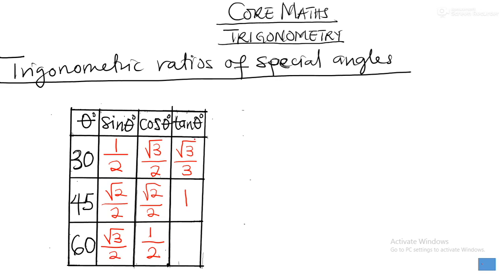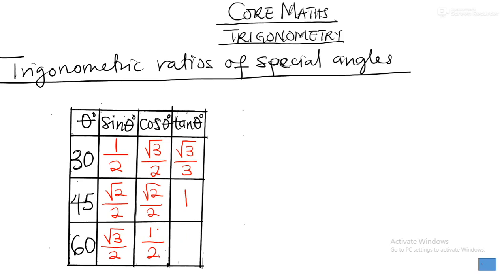Okay, then tan 60, we found it to be what? Root 3. So we can also get it from the ratio of sine theta and cos theta, because we saw that tan theta is the same as sine theta over cos theta. So tan 60 will be the same as sine 60 over cos 60.